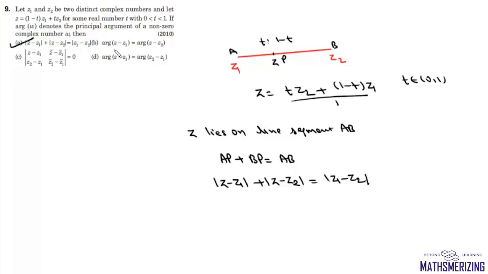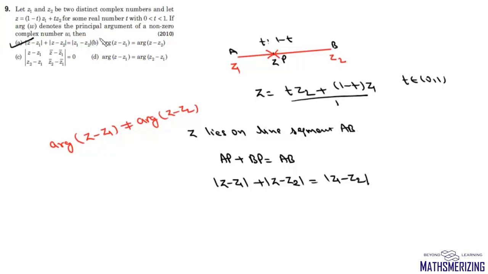Now we look at the argument of Z minus Z1. Z minus Z1 is this vector, and Z minus Z2 is this other vector. The argument of Z minus Z1 is not equal to the argument of Z minus Z2, as these two vectors are in opposite directions.